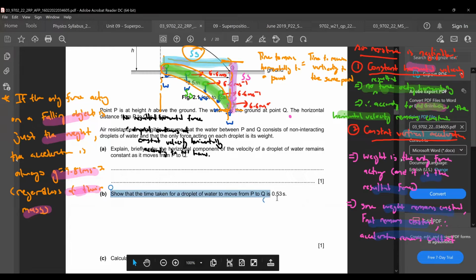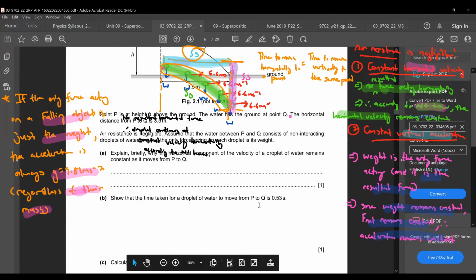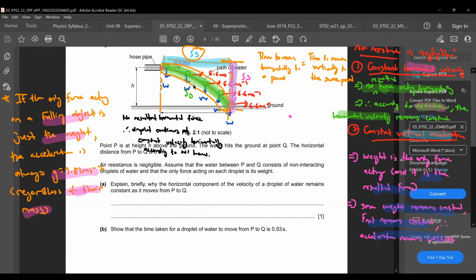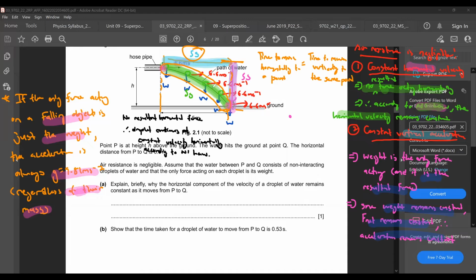So, show that the time taken for the droplet of water to move from P to Q is 0.53 seconds. If you want to consider the time it took to move from P to Q, here to here like this, you can just consider either the horizontal or vertical motion and find the time. That time will be the same as the time to move from P to Q itself. Okay.